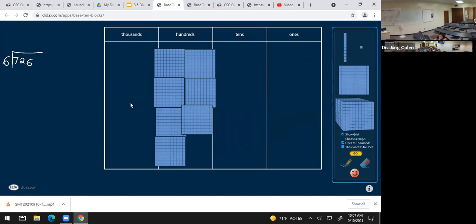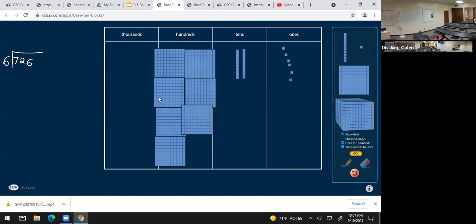So this is a little bit better, but I still think this needs a few more features though. Anyway, this one rod represents 10, so we need 20, 2 tens, and 6 ones. 2, 3, 4, 5, 6.